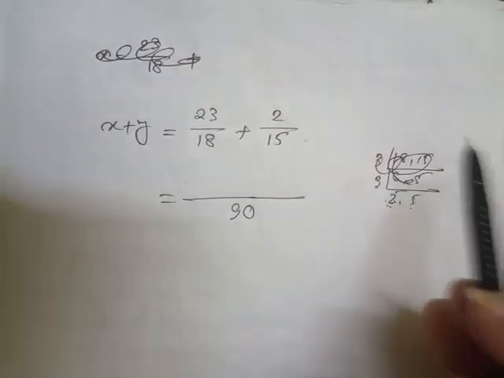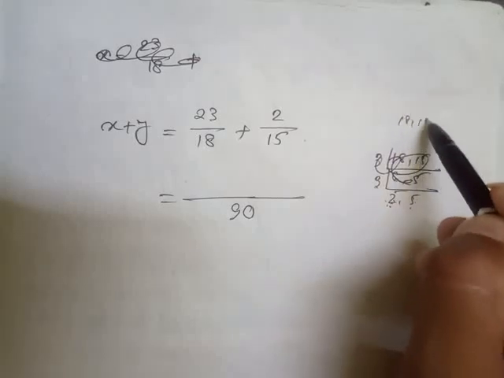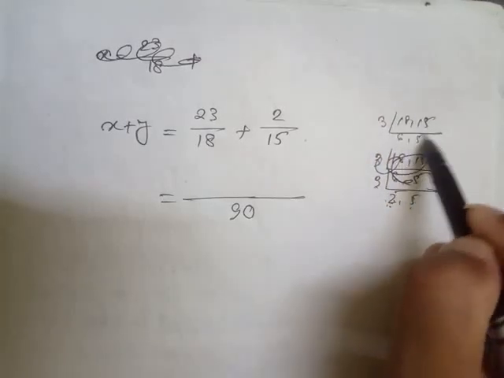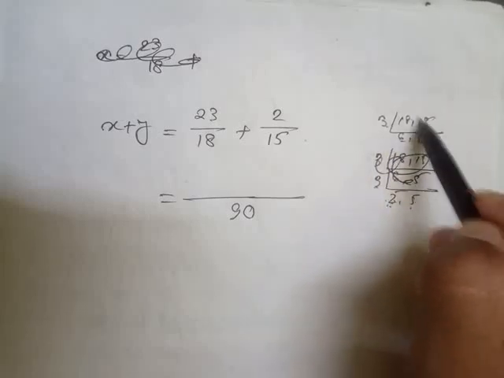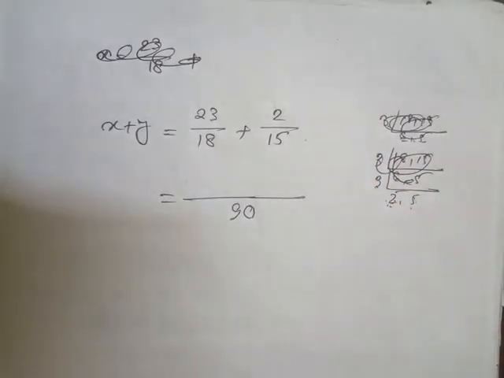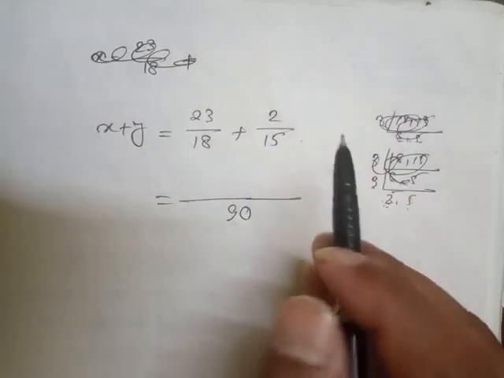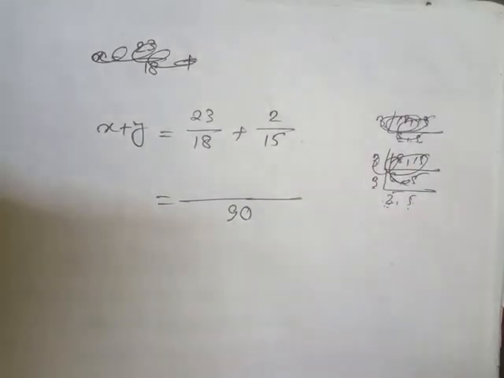I repeat, 18 and 15, divide by 3, 3 times 6 is 18, 3 times 5 is 15, 5 times 6 is 30, 30 times 3 is 90. 90 is the LCM. Now 90 divided by 18, the answer is 5.